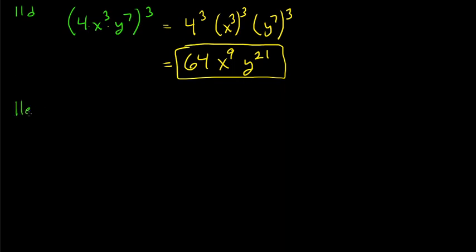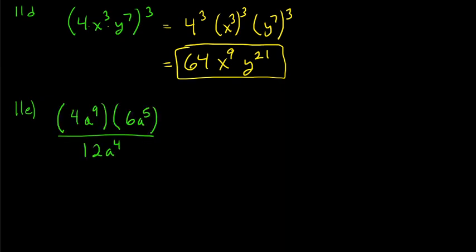And then let's go on to E. Okay, so we have in parentheses 4a to the 9 times 6a to the 5, divided by 12a to the 4. So here we're really just multiplying.